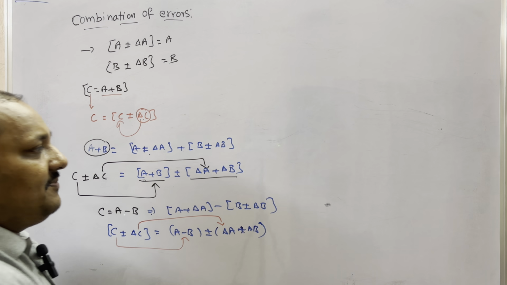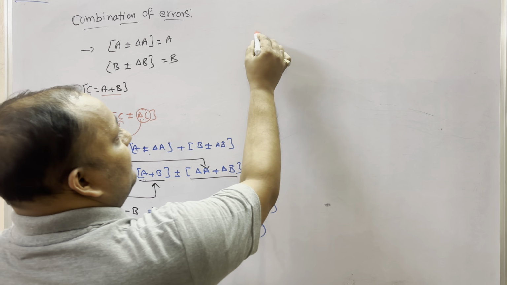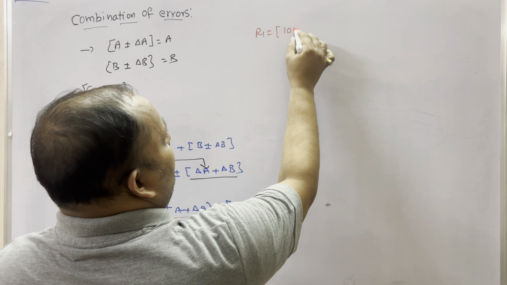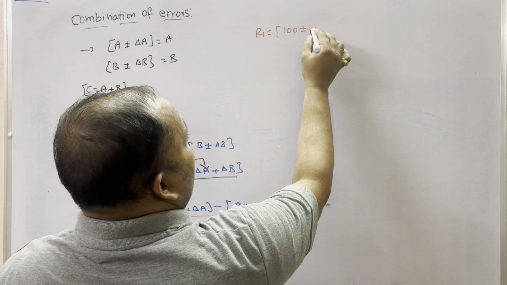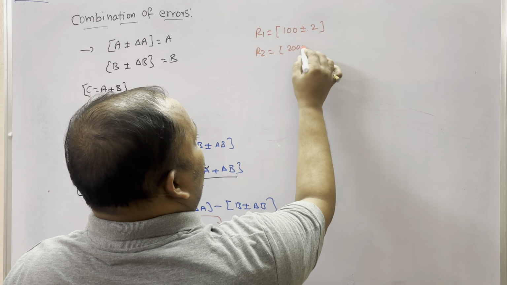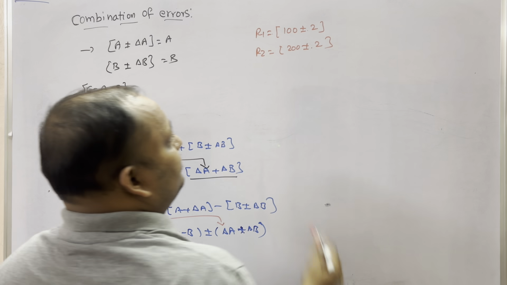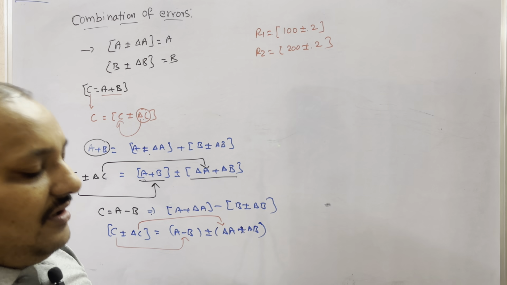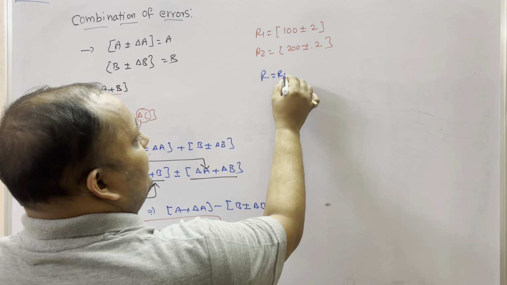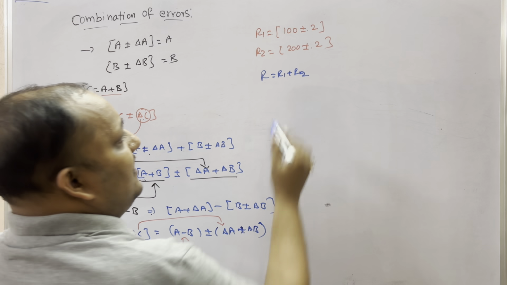If you do one simple problem, you will get the idea. So two resistors: R1 is 100 plus or minus 2, R2 is 200 plus or minus 2. Now during addition, R is equal to R1 plus R2.